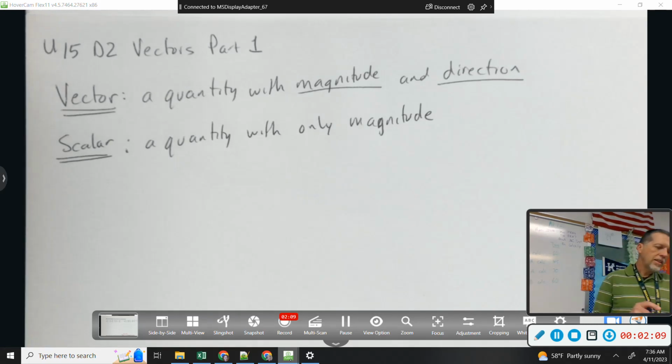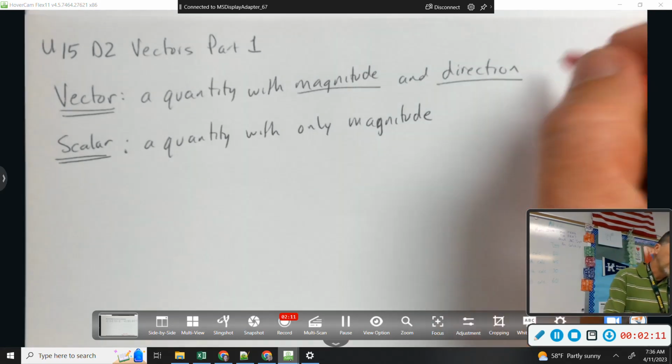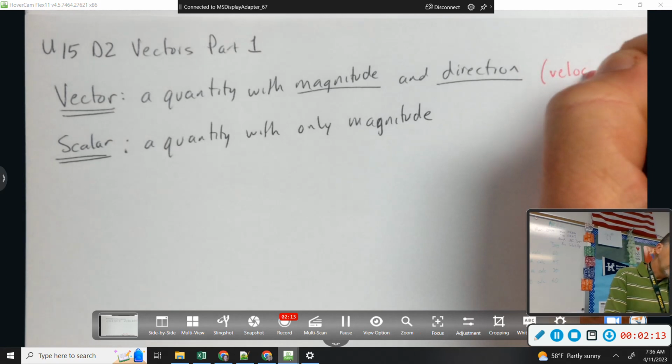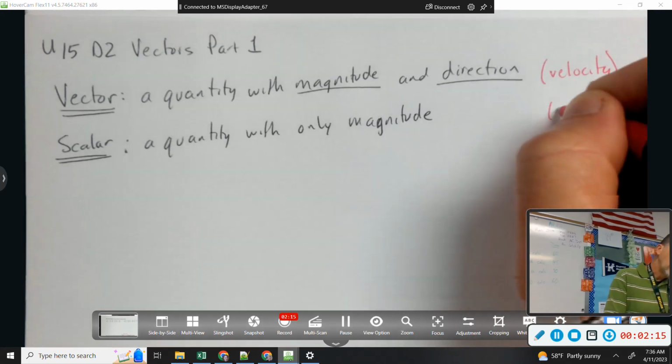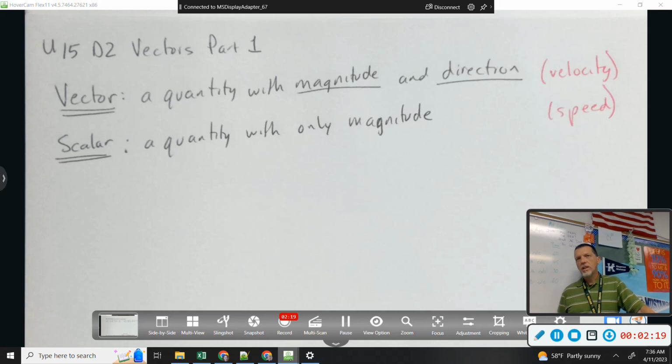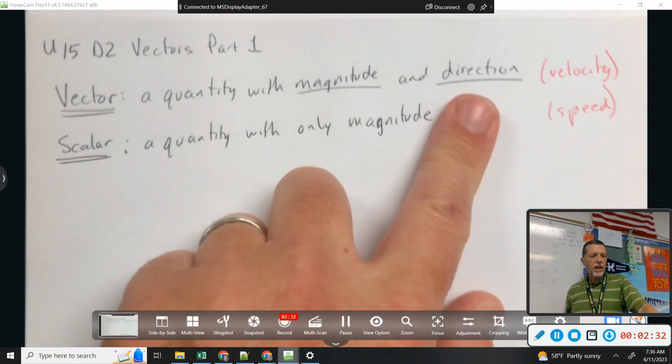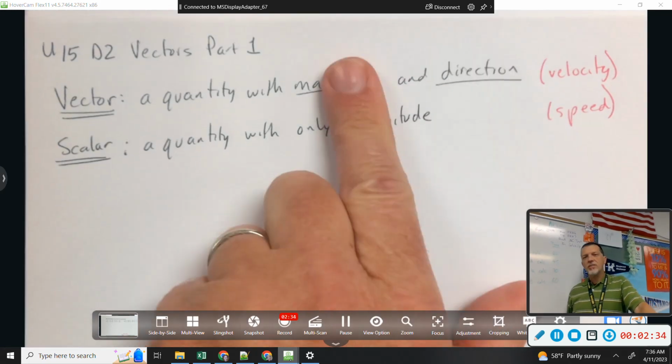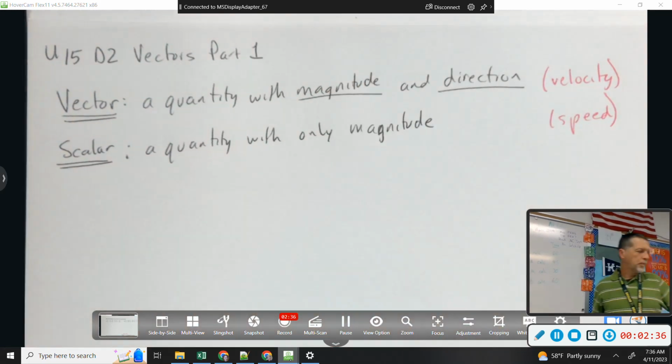The classic example from physics anyway is velocity is a vector, speed is a scalar. Like, what is your speed? 30 miles an hour. What is your velocity? 30 miles an hour north, or 30 miles an hour south, so there's some direction associated with it. So a vector has magnitude and direction. If it doesn't have direction, then it's not a vector, it's just a scalar.